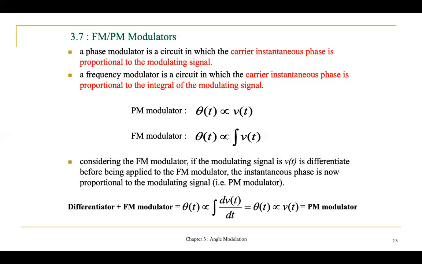What this statement means is that you have an FM modulator, where the carrier instantaneous phase is directly proportional to the integral of Vt. Now you add a differentiator in front, so you have a differentiator plus FM modulator.